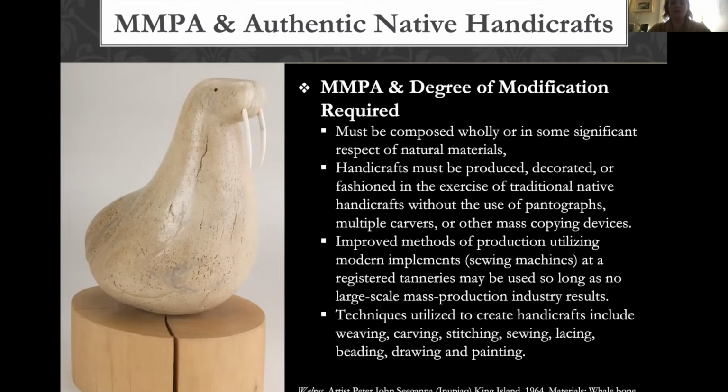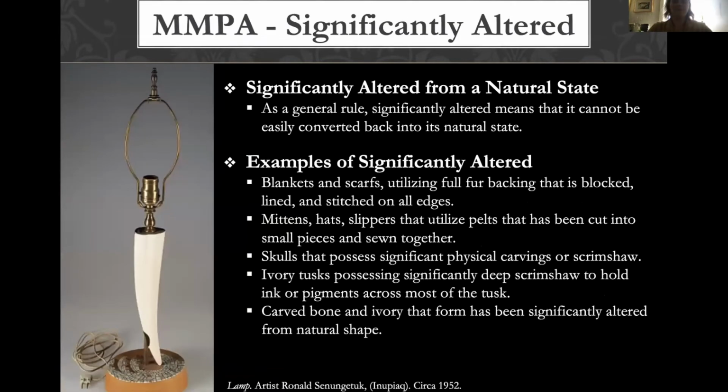The key aspect here is you have to use natural materials, including marine mammals. You have to make sure it is done by hand, no mass copying devices, and it has to be done by a native who is within the blood quantum. And it's got to be significantly modified.